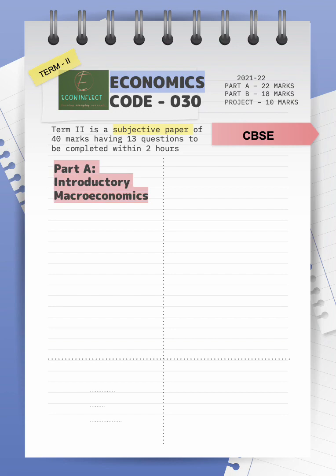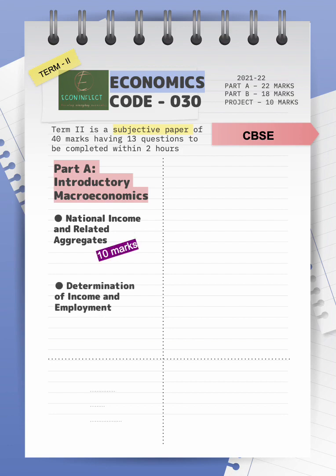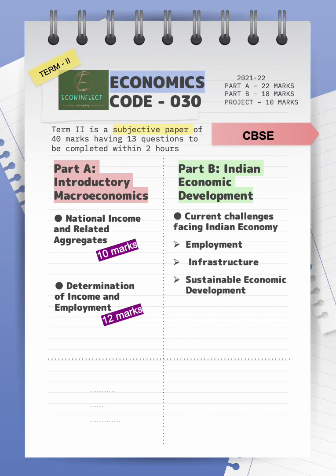Part A consists of macroeconomics, which has 2 units in term 2: one is national income and related aggregates for 10 marks, and another is determination of income and employment for 12 marks. Part B is about Indian economic development, which also has 2 units. In the first unit, current challenges facing the Indian economy, there are 3 subtopics including employment, infrastructure, and sustainable economic development.